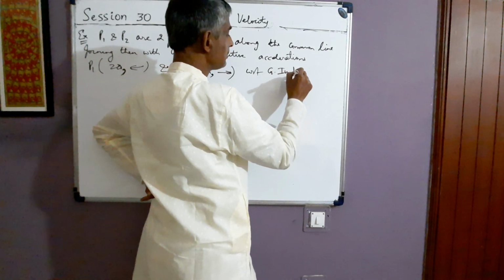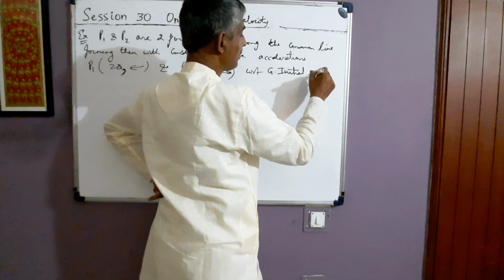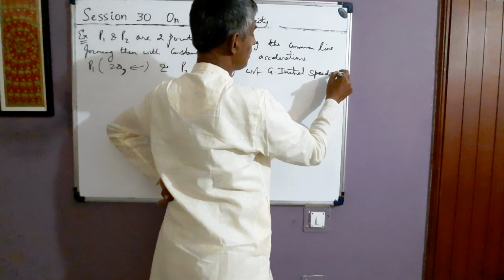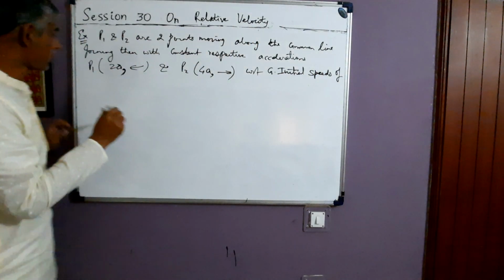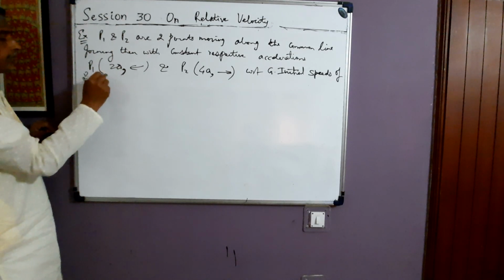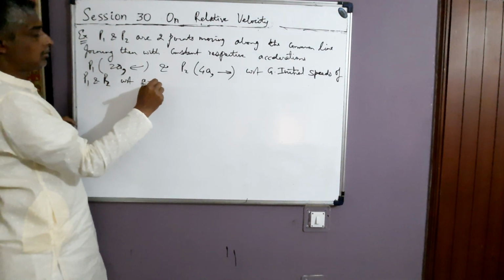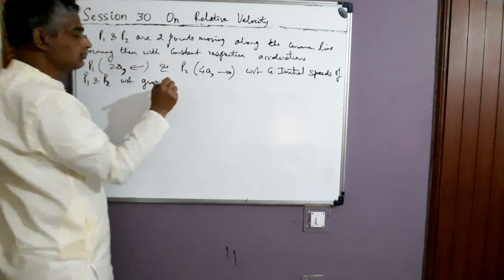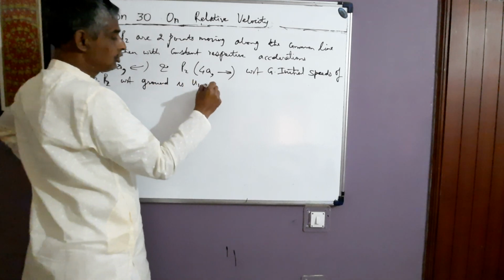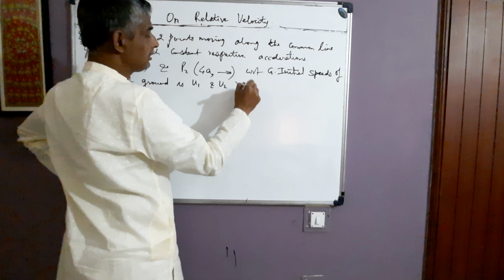The initial speeds of P1 and P2 with respect to ground are U1 and U2 respectively.